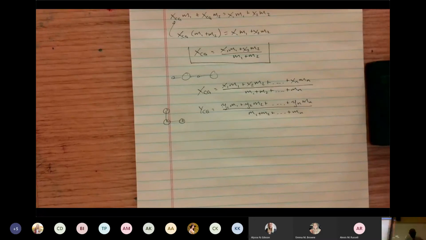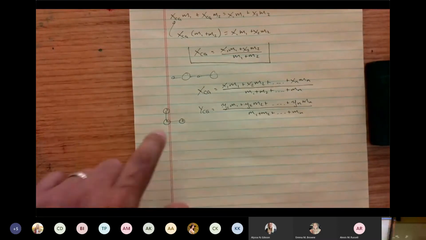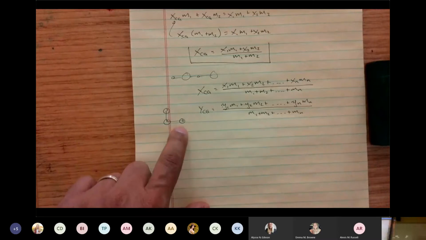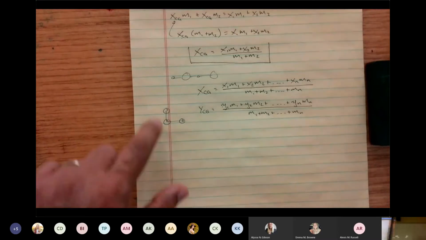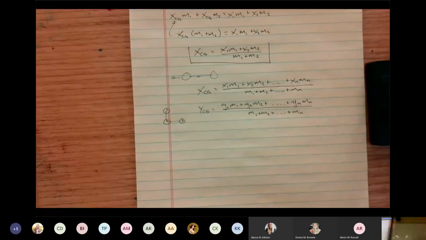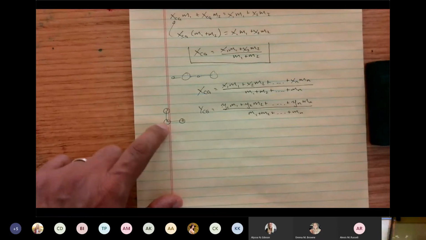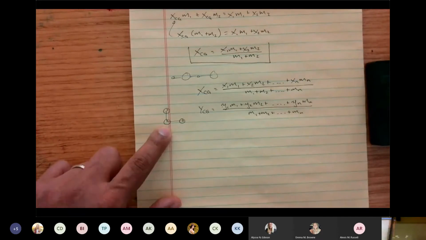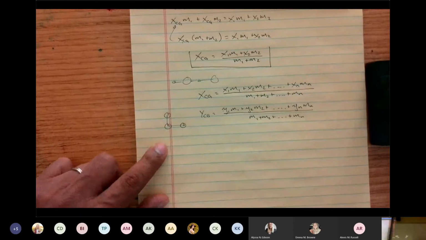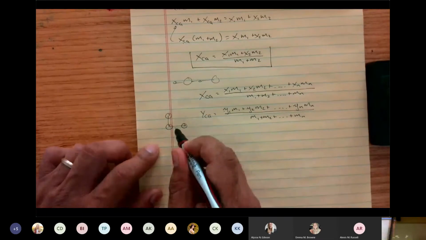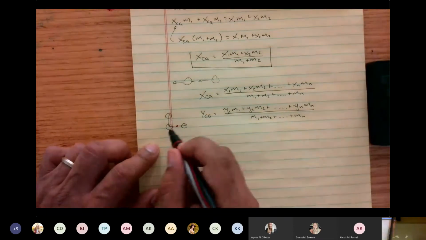Now, this helps, especially if you have all the masses like in little points. And notice, for example, that in this case that I have here, the center of gravity in the x direction is going to be somewhere around here. And the center of gravity in the y direction is going to be somewhere around here.